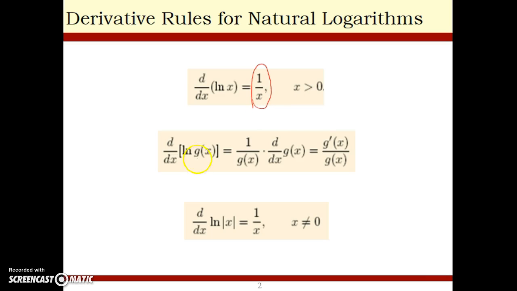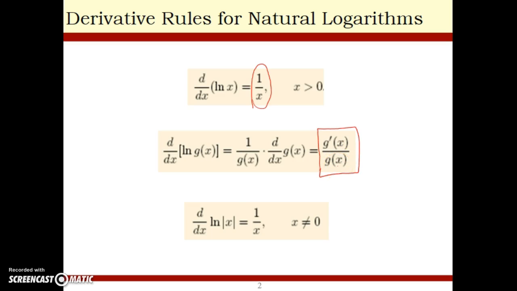Now, if you take the derivative of the natural log of g of x, of a value that's more than just x, then the derivative is going to be the derivative of whatever you're taking the natural log of, divided by whatever you're taking the natural log of.